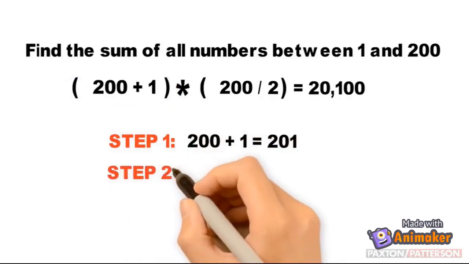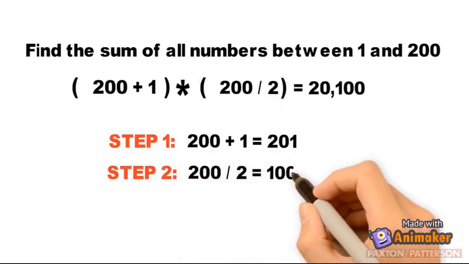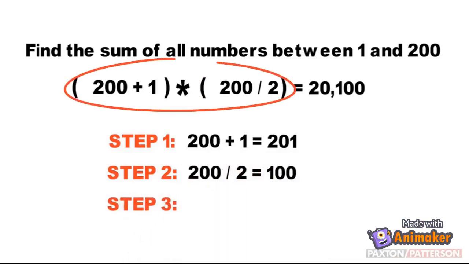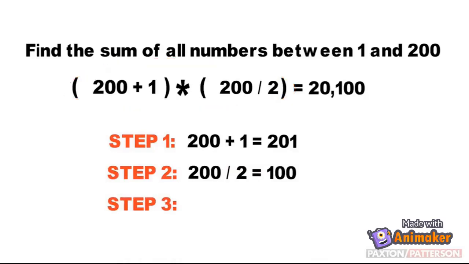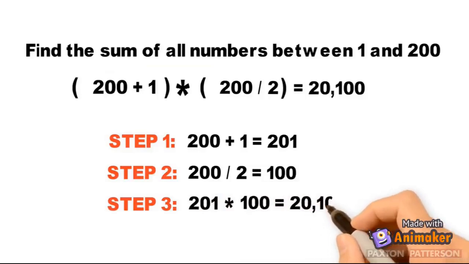Step 2. Find the quotient of 200 divided by 2. 200 divided by 2 equals 100. Step 3. Multiply the answers from step 1 and step 2 together. 201 times 100 equals 20,100.